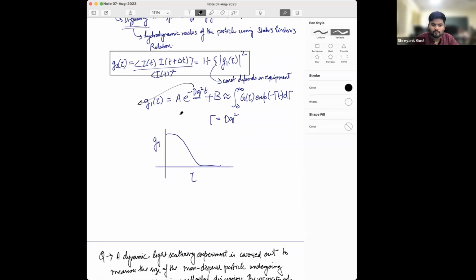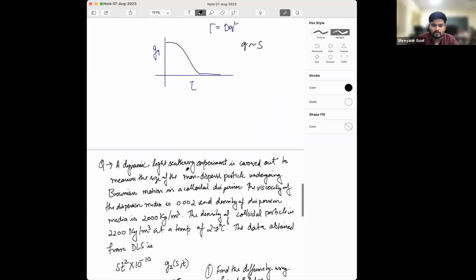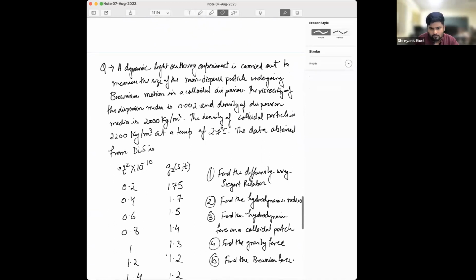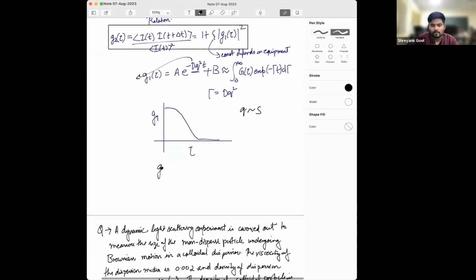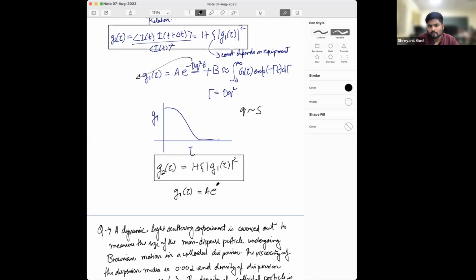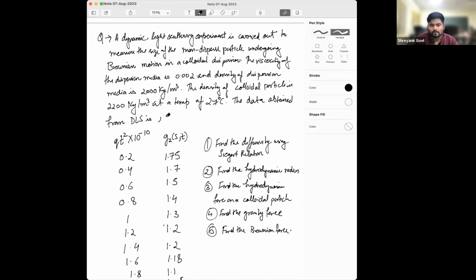Sorry, here Q is changed with S, so here I can also keep Q. So the Siegert relationship is this: 1 plus, and G1 is minus D Q squared tau plus B. And for this case, zeta is 1.